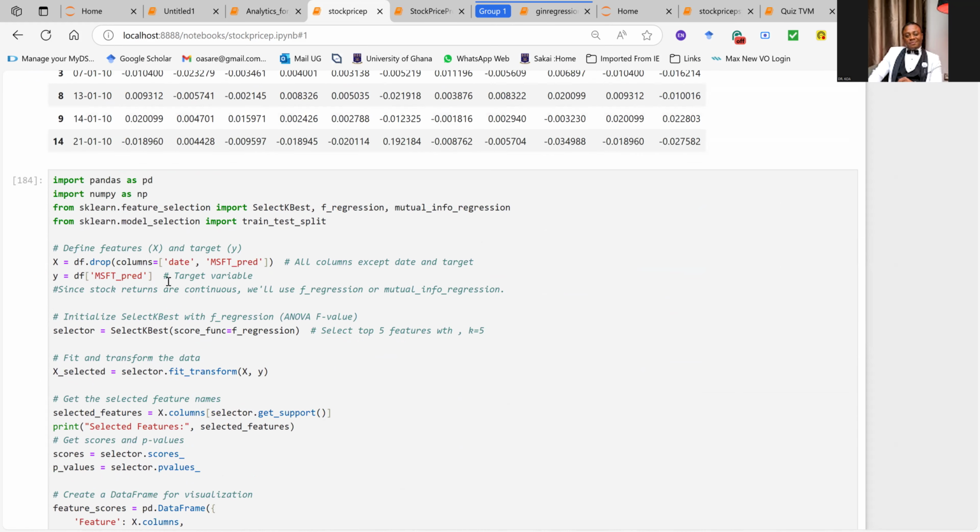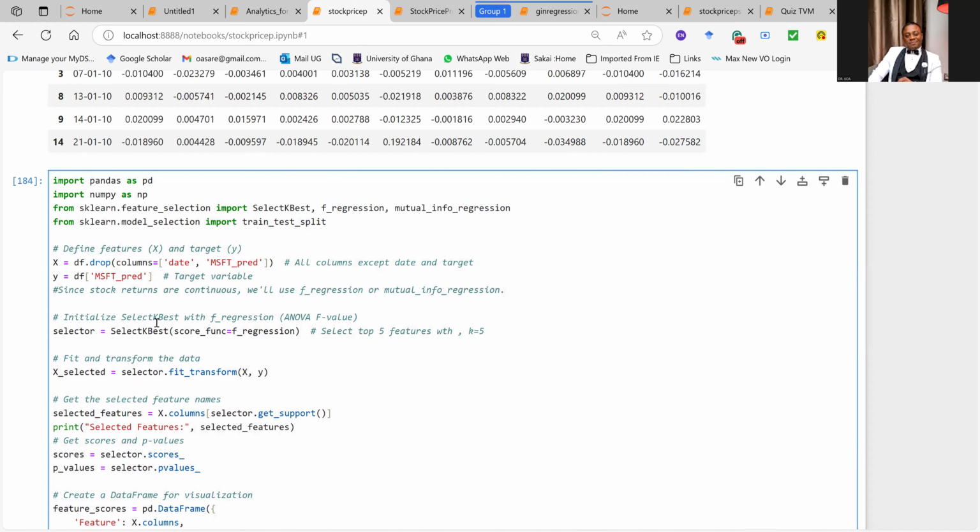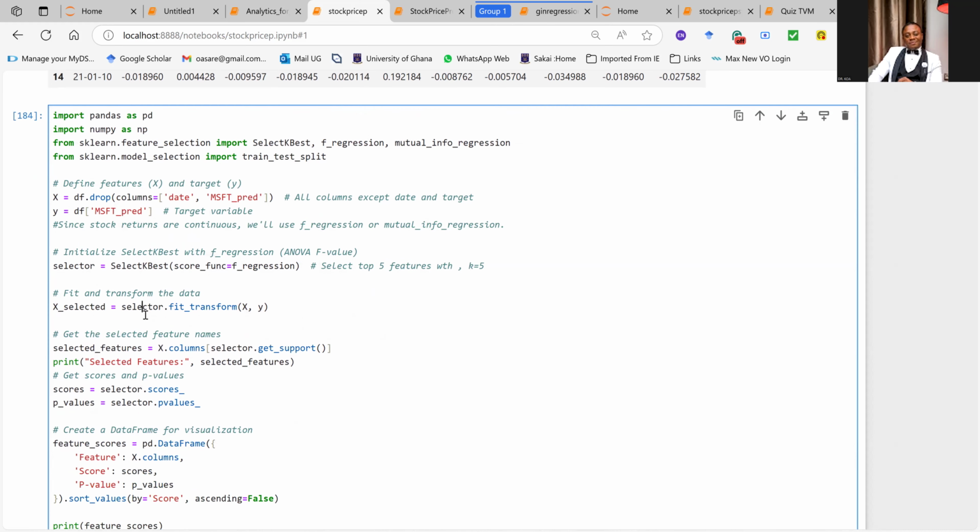Now, ideally, if we were to do feature selection, this is what we would have done. We would have first defined the features and the target. And look at something here. In these features and the targets, we would remove the date. We would also remove the dependent variable because we are interested in the features, which are the independent variables.